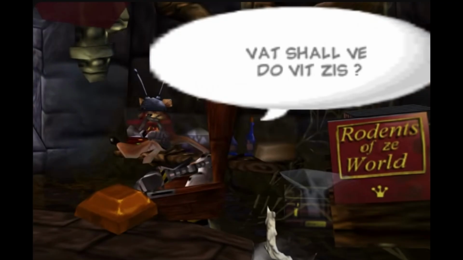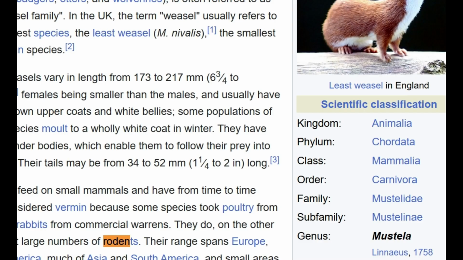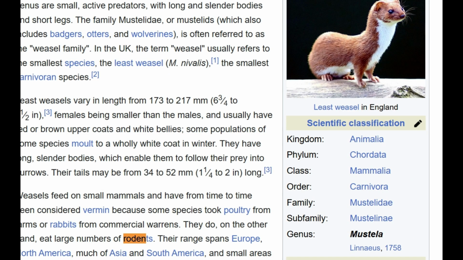Weasels, as far as I can tell, are known predators of rodents, so he might be interested in rodents as prey. He wants to learn about rodents so that he can kill them, or eat them or get rid of them or something like that.